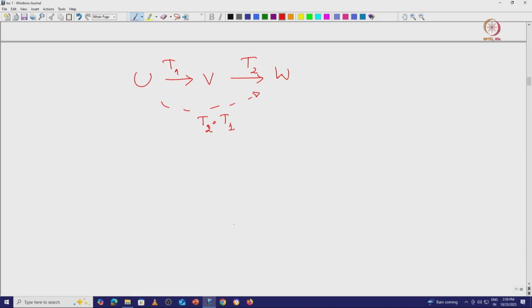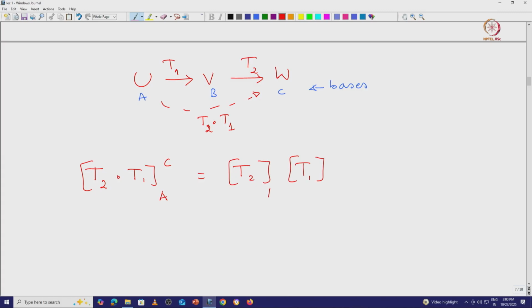Indeed, we can prove the following. Recall the bases are A, B, C. If we work with these bases, then the matrix representation of T2 composition T1 is nothing but the product of the matrix representation of T2 and that of T1, with respect to B, C for T2, and with respect to A, B for T1.